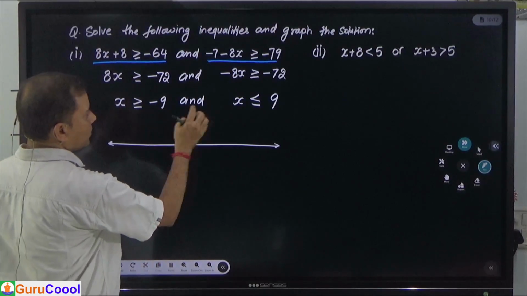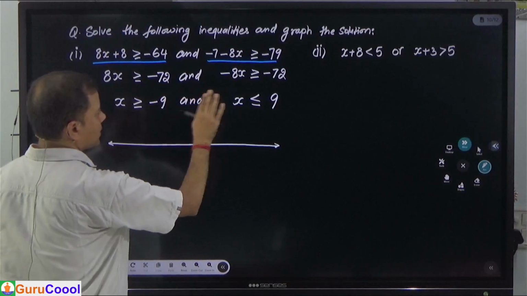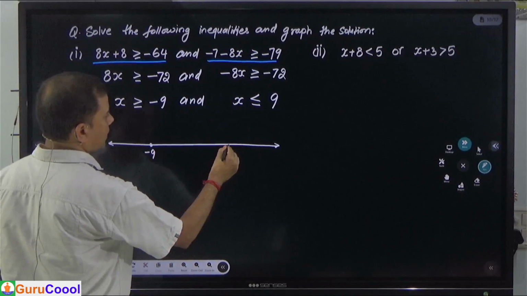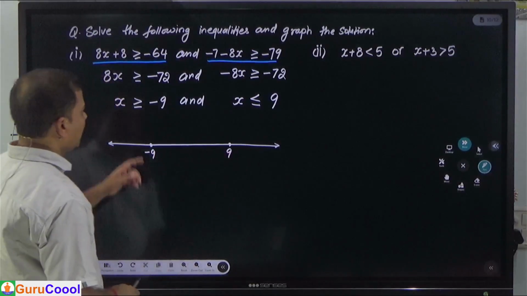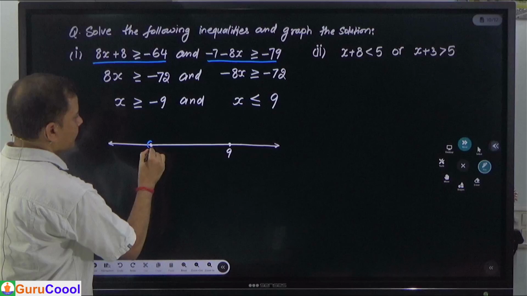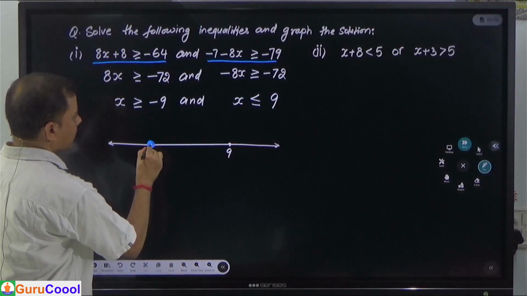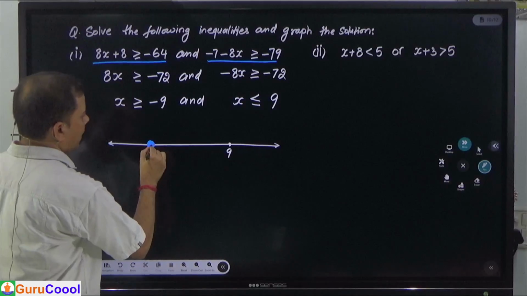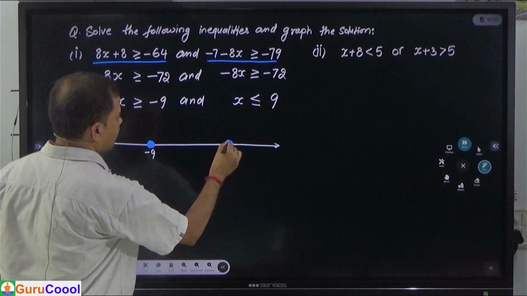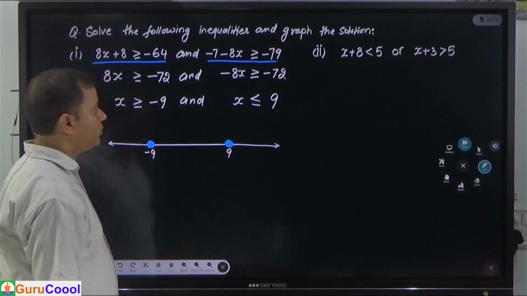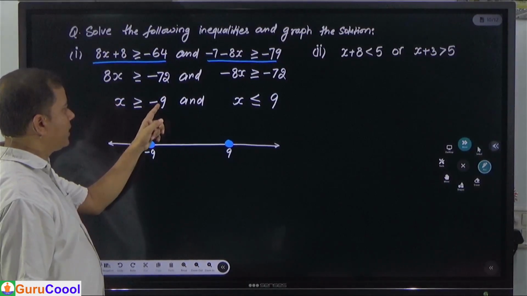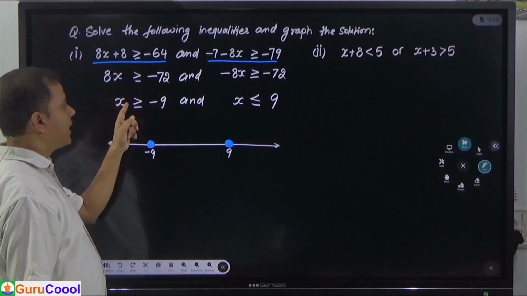Let's draw a number line, minus 9 and plus 9. Let's say minus 9 is here, plus 9 is here. The equality sign is also there in both of them. So let us draw a closed circle at minus 9 as well as at plus 9. Then x can be equal to negative 9 or greater than negative 9.